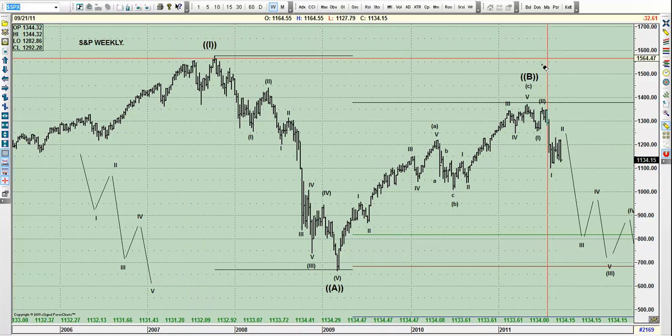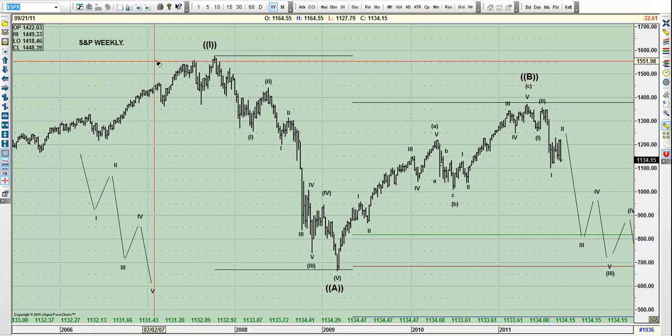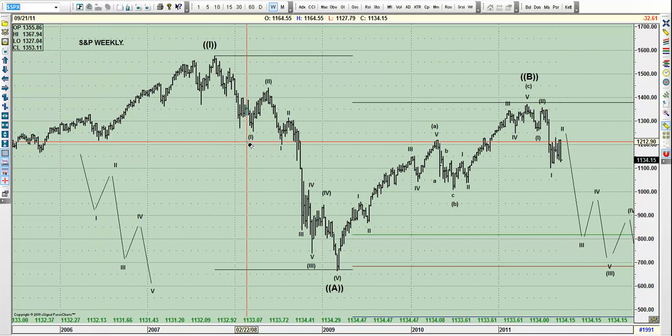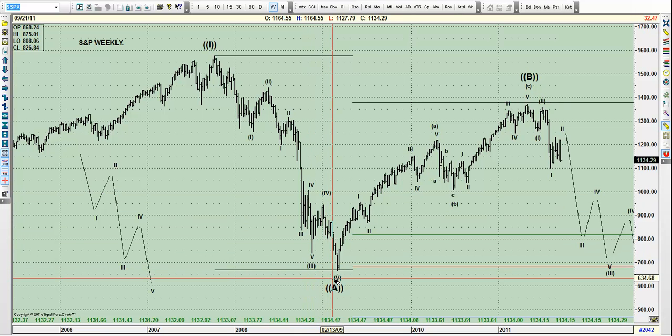On the real market, we see right here, this is the S&P on the weekly chart, where you got 1, 2, 3, 4, 5 waves.